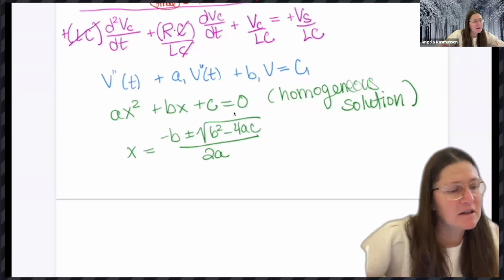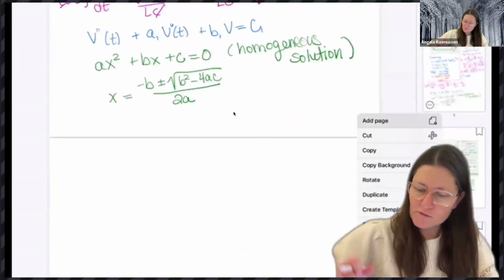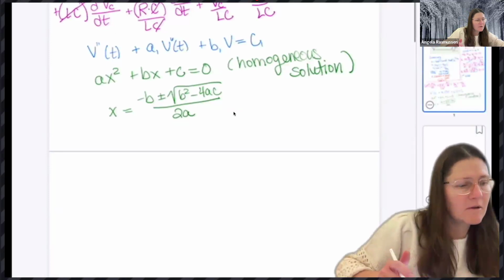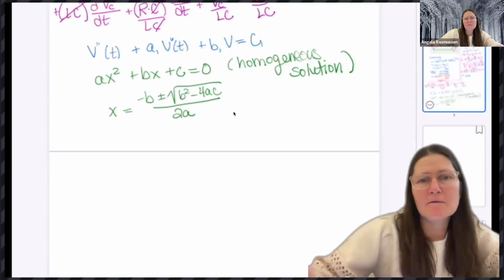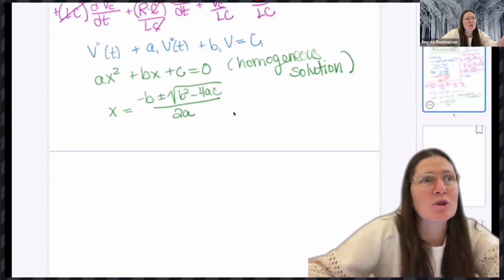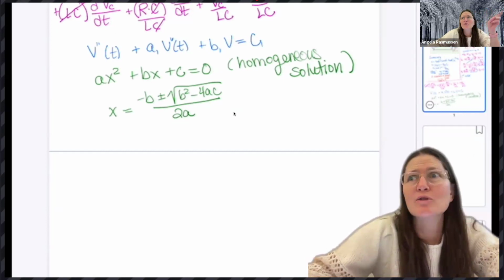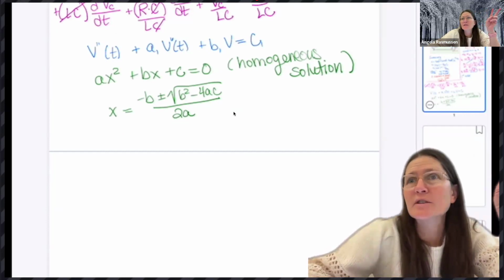And so let me add another page. We're going to have this form for every solution now. That's a second order. So we could have an RLC in series, or we could have an RLC in parallel. Those are the two options that we have for these.